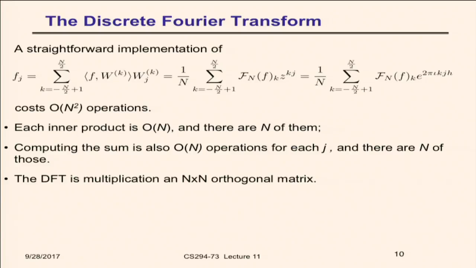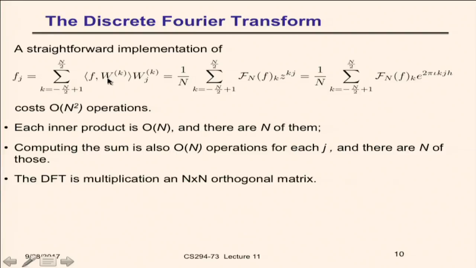So, why didn't this just take over the world, kind of at the beginning of computing? Well, here's the reason. A straightforward implementation of computing the expansion coefficients costs O of n squared operations. So here's the computation of the expansion.